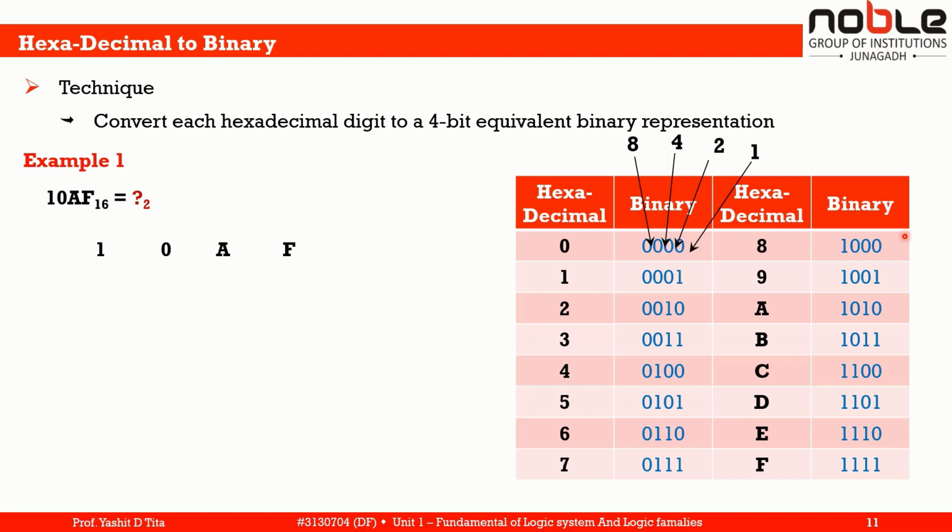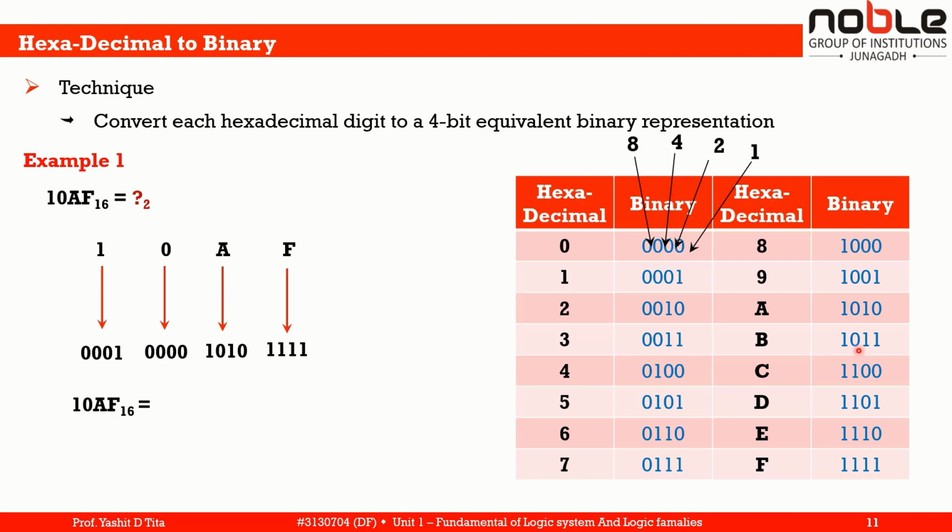F, and the binary number of F is 1111. A, the binary number of A is 1010. 0, the binary number of this is 0000. And hexadecimal number 1 is converted into binary as 0001.